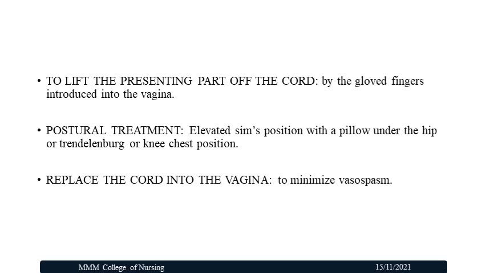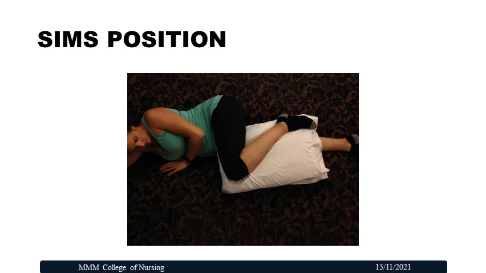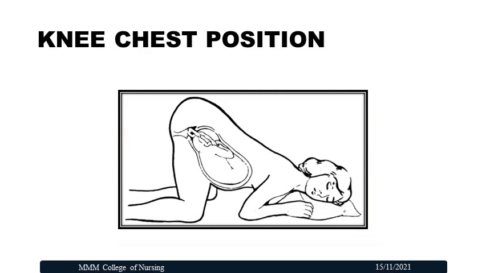So in order to avoid that, sometimes replacement of the cord into the vagina is done. About the Trendelenburg position, this position is adopted in order to prevent pressure on the cord. These positions help to prevent pressure on the cord by lowering the presenting part.